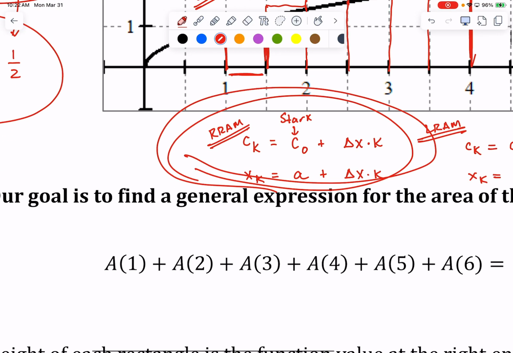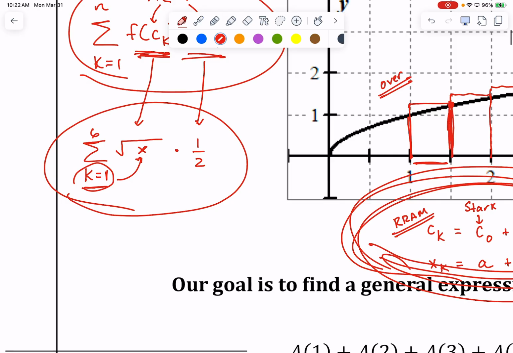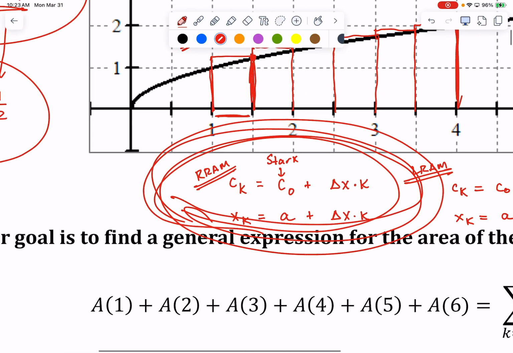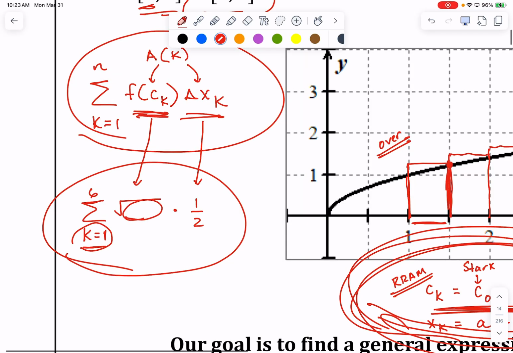So this is where you need the formula to figure out what to plug in for root x. When I do my root x, I need to use my start value, using that little formula we use to calculate RAM. To figure out that c sub k, you have to do start plus delta x times k.